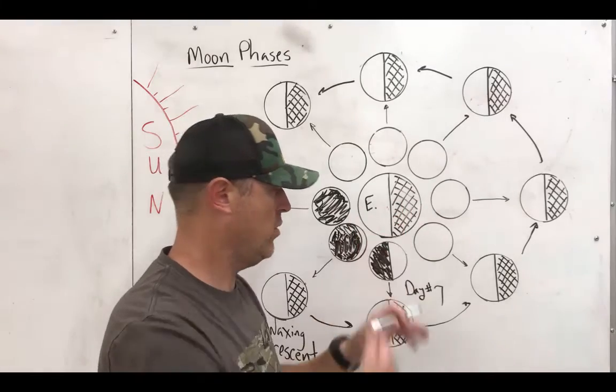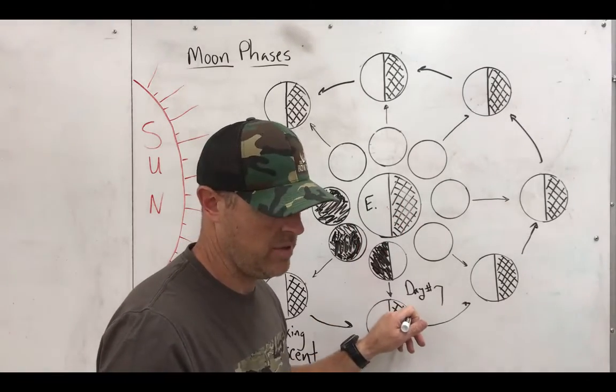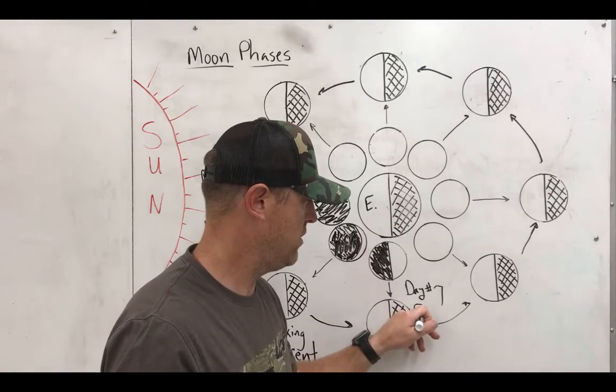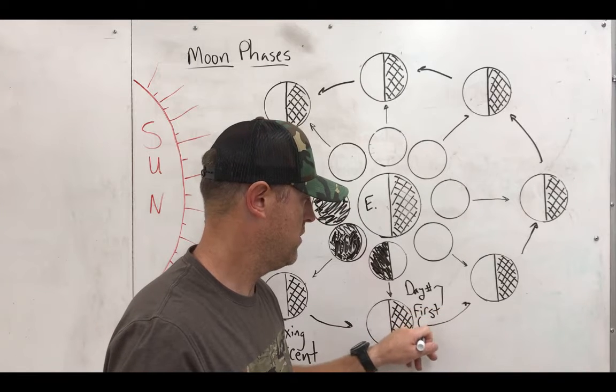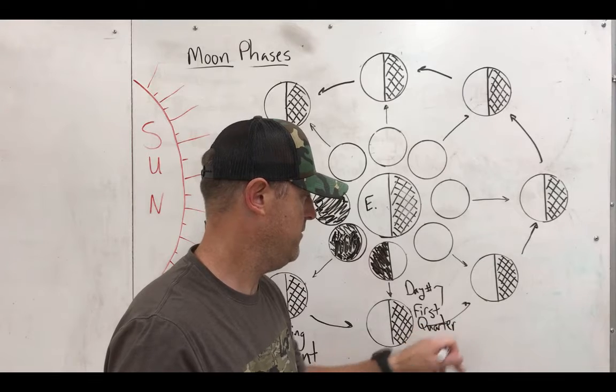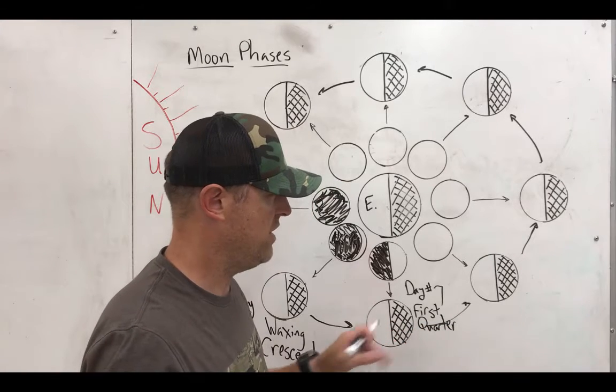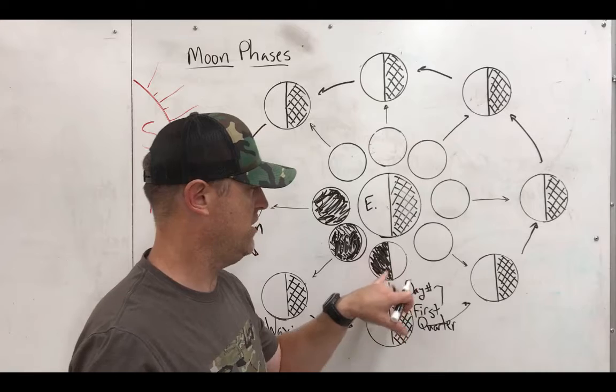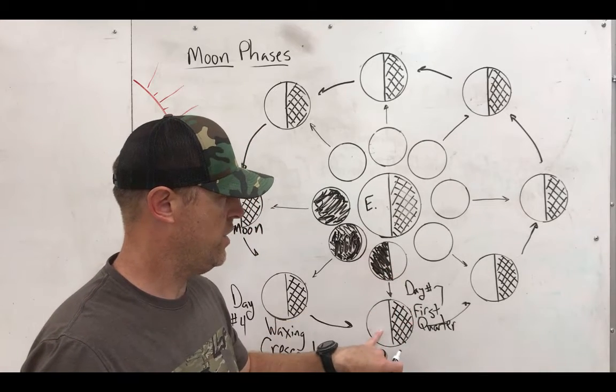We're only seeing a quarter of it, and so this one is called first quarter. A first quarter moon. About 7 days have gone by. Again, this is what we see. This is what is happening.